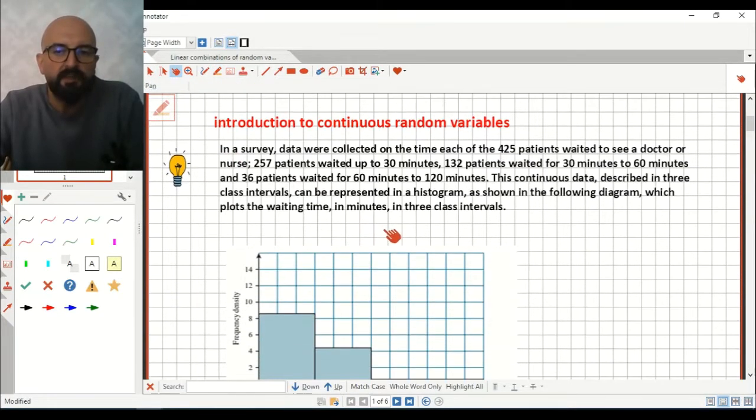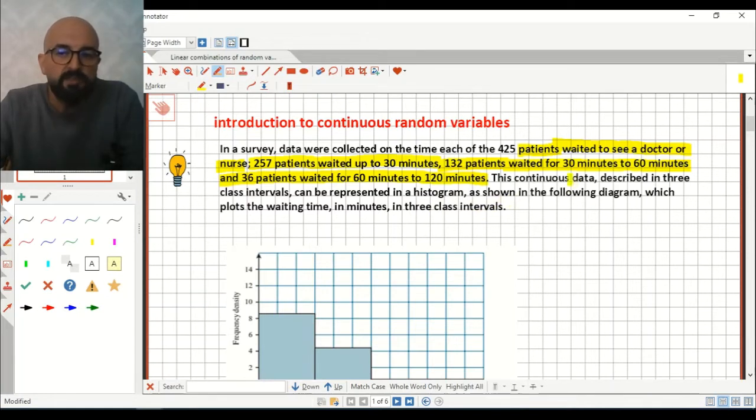Introduction to continuous random variables. In a survey, data were collected on the time each of the 425 patients waited to see a doctor or nurse. 257 patients waited up to 30 minutes, 132 patients waited 30 minutes to 60 minutes, and 36 patients waited 60 minutes to 120 minutes.